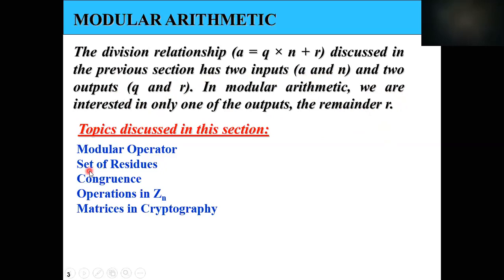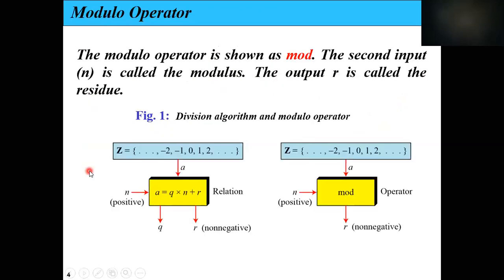So let us see how the modulo operator works. Here is the set of integers, and you take any number a which is divisible. If you divide it by n, then a can be written as a equal to q times n plus r. This is one of the relations, where q and r are non-negative integers.